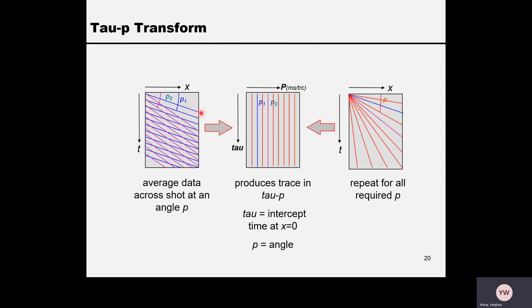So following this blue line, you sum all the energy together and put the total energy into the position here, the interception time. So it's tau P. The next line, sum them together, put the P here, tau here. This is tau P. Tau really means the interception time for each individual straight line. P is the dip of this line.